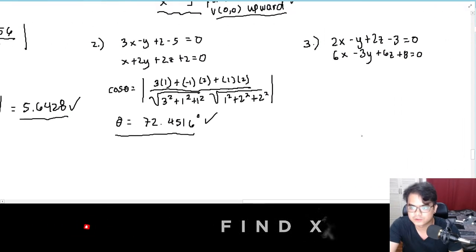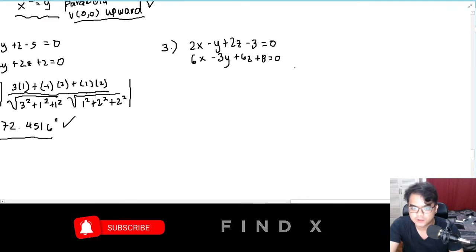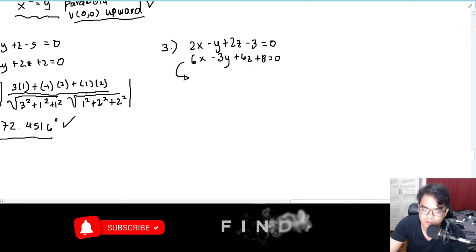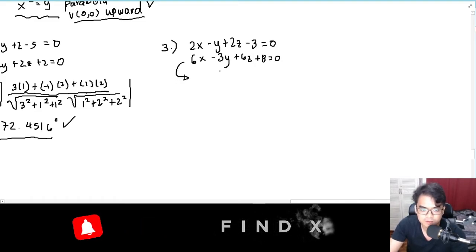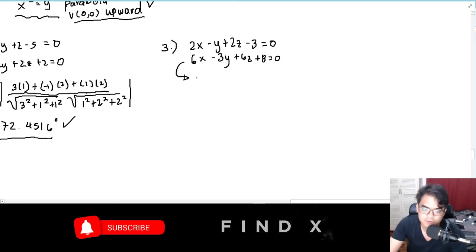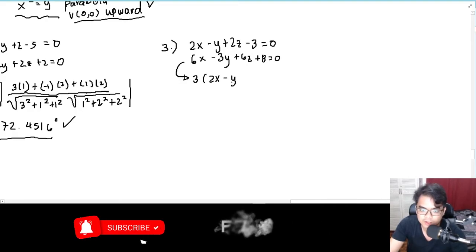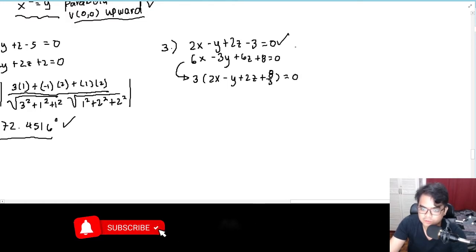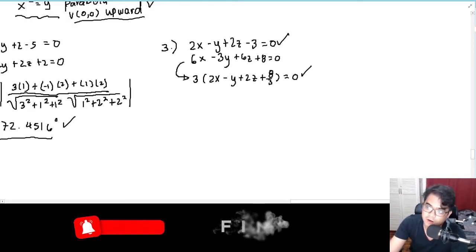So I already wrote it here, but as you can see, you can still write this one if you divide everything by 3. Okay, you will have 3 times 2x minus y plus 2z plus 8 over 3, right, equal to 0. As you can see, this one and this one, they are parallel.